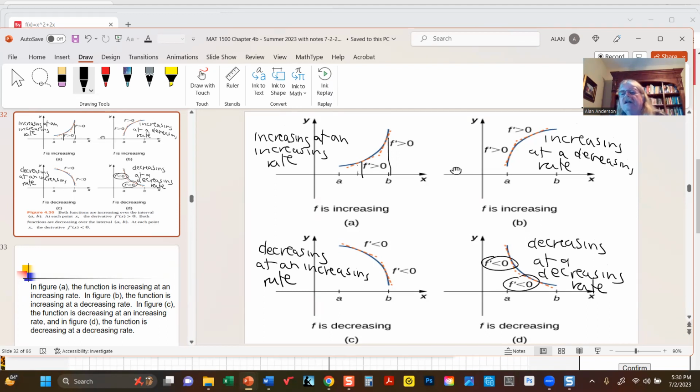So here we're decreasing at a decreasing rate. Now, when we start looking at second derivatives, these graphs will be very helpful to visualize what's going on. But for now, we just need to consider the idea that there's 4 cases here: increasing at an increasing rate, increasing at a decreasing rate, decreasing at an increasing rate, and finally decreasing at a decreasing rate.